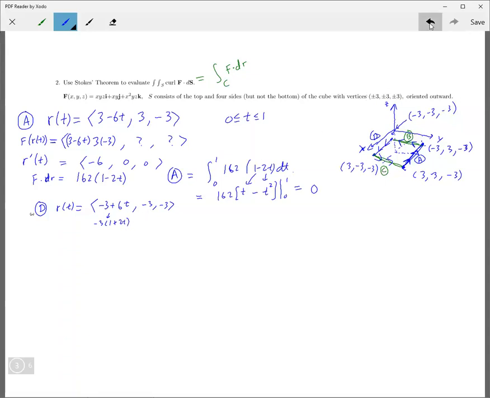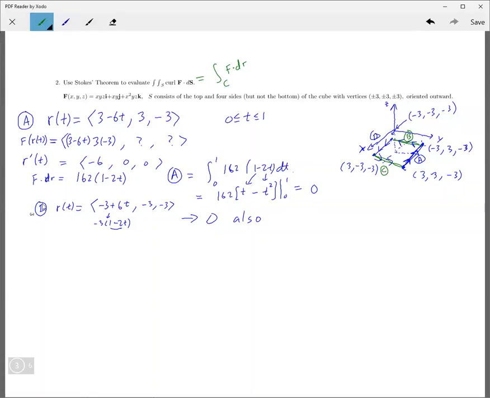Wait, I'm sorry, you get 1 minus 2t, like you did here. And when you integrate that from 0 to 1, it's also going to be 0. So the A integral is 0 and the D integral is 0. Both of those are 0.